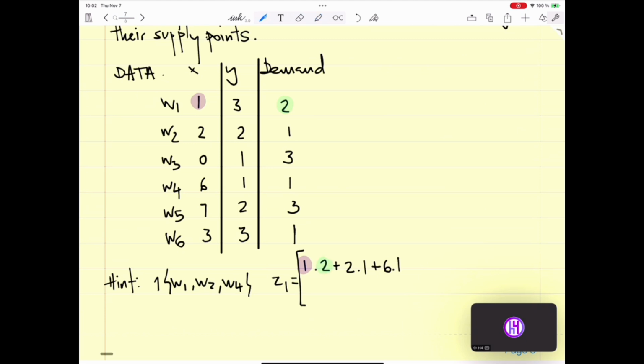It's weighted. The more demand, the bigger the point. Okay, so it needs to be weighted. Divide by 3. And then 3 times 2 plus 2 times 1 plus 1 times 1 divided by 3. Okay, so this is a hint. But do it yourselves. I strongly recommend that you do it. Okay? Questions?